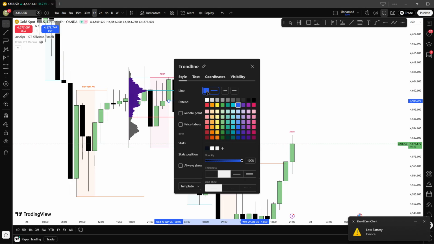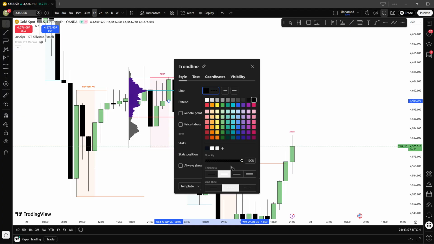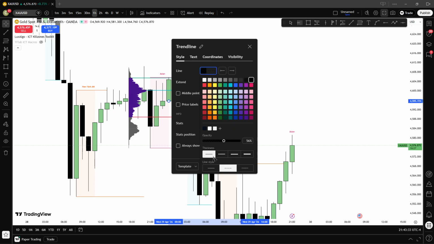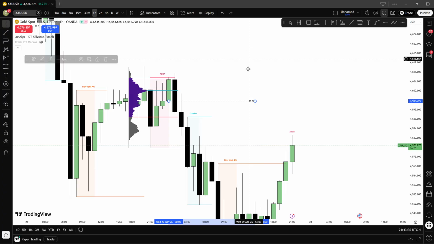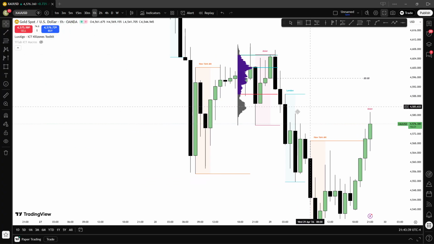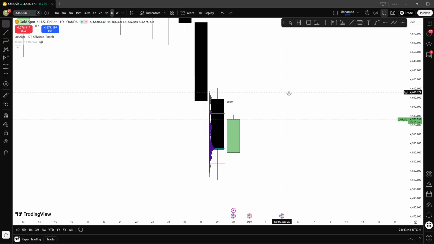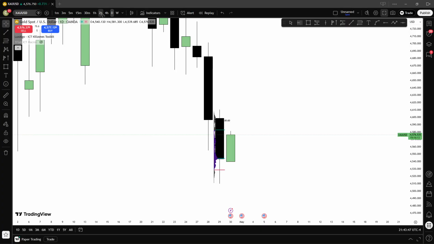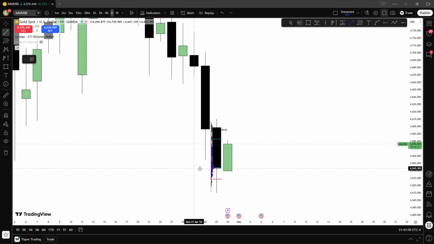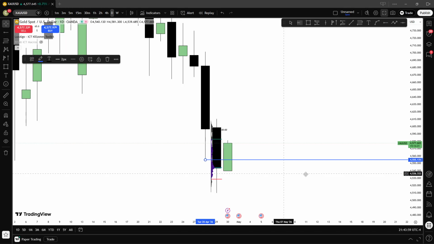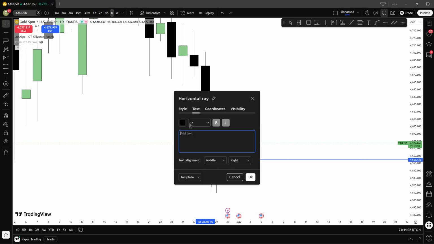Midnight open. Previous daily low, April 2026.